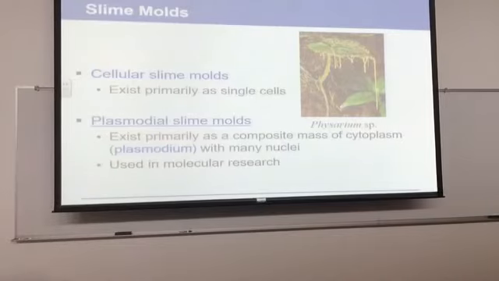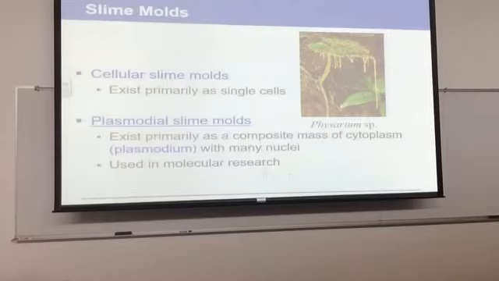Besides the fact that where they grow, we call it slime molds, you can use them in molecular research. When I say molecular research, what am I studying? DNA. We're studying genetic material. Okay? Some of them have multiple nuclei, so they're multicellular with multinuclei within one cell. So it's a pretty unique setup.